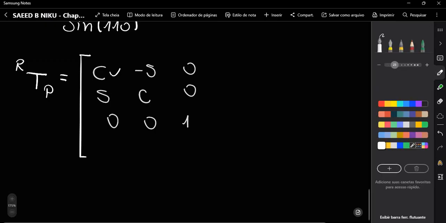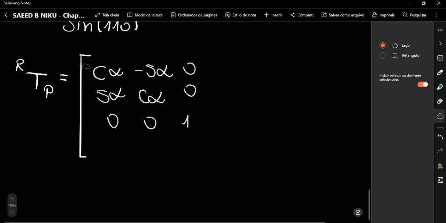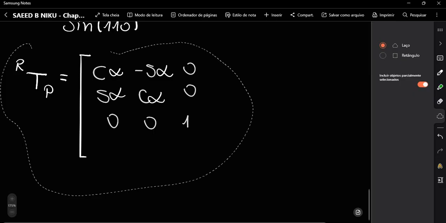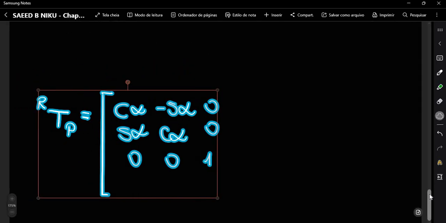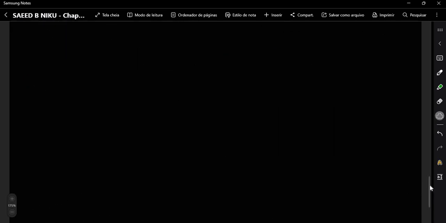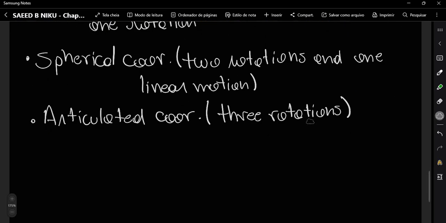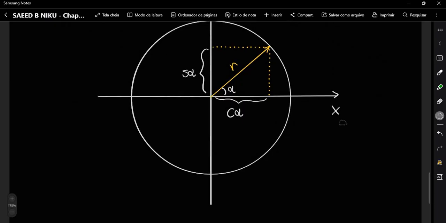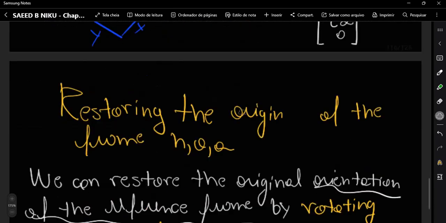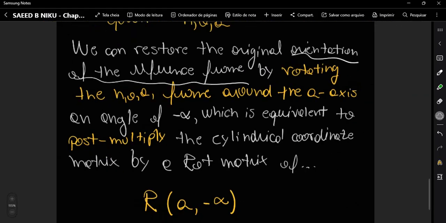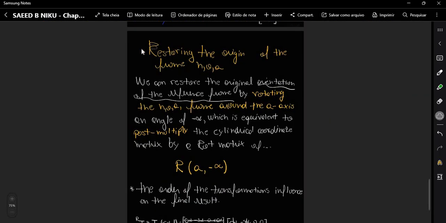And I will write this applying the technique. Actually, I will copy what I have right here.